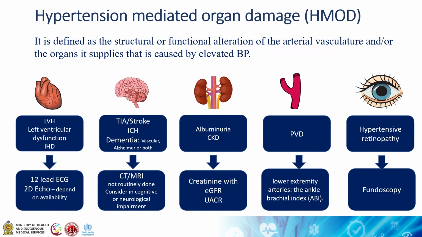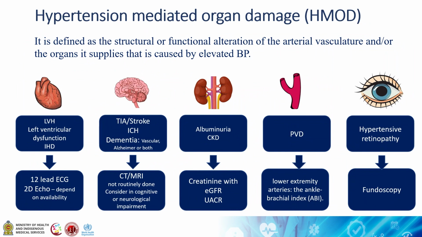Hypertension mediated organ damage. It is defined as the structural or functional alteration of the arterial vasculature and or the organs it supplies that is caused by elevated blood pressure.